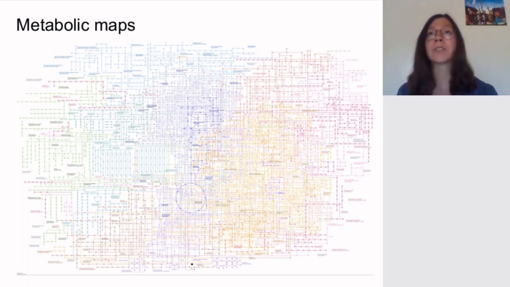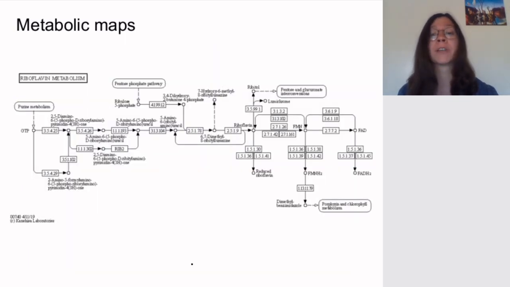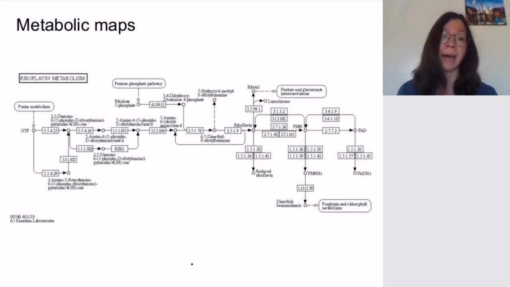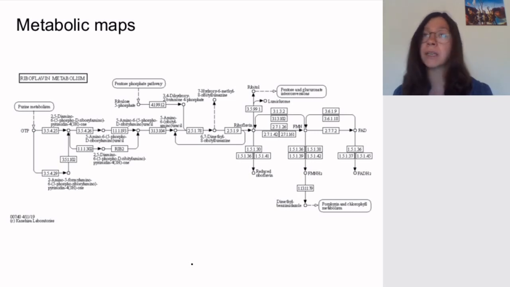It describes all different molecules that are involved in this cell, and this is not really easy to work with, so I just wanted to zoom in into a more specific part of this metabolic map. So this represents a metabolic pathways around riboflavin, a B6 vitamin.